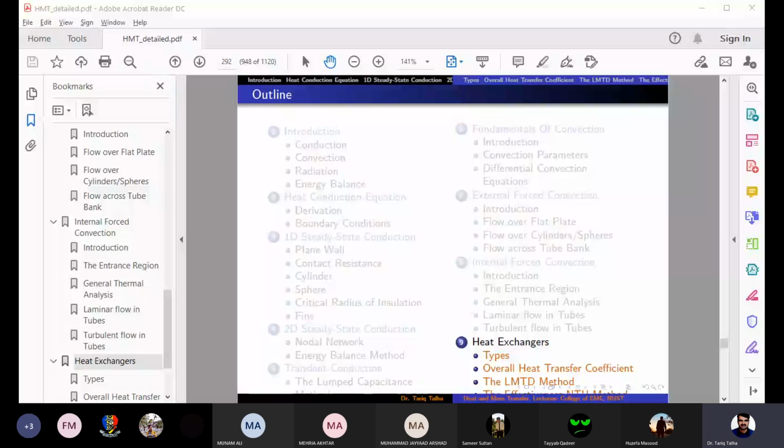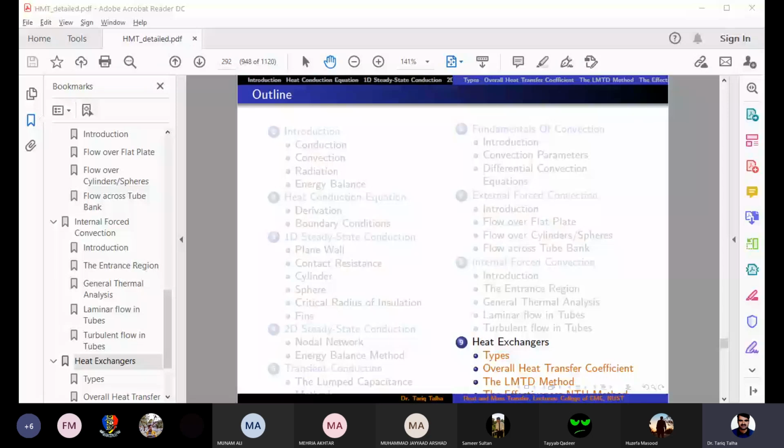Anything else in home, like a geyser? Geyser is also a heat exchanger. Then if we look at the AC, bilkul. In the AC we have got an evaporator and condenser, so that is also a heat exchanger.